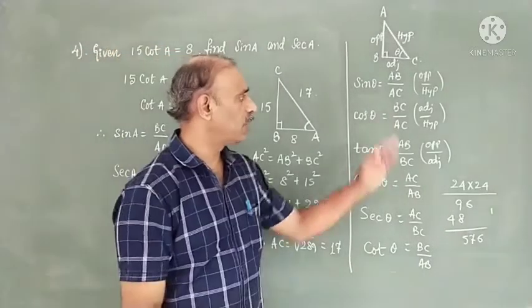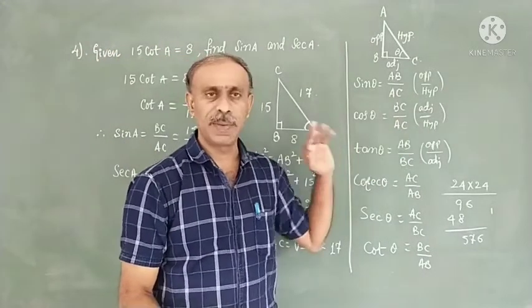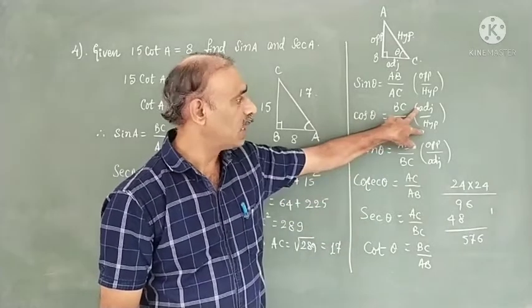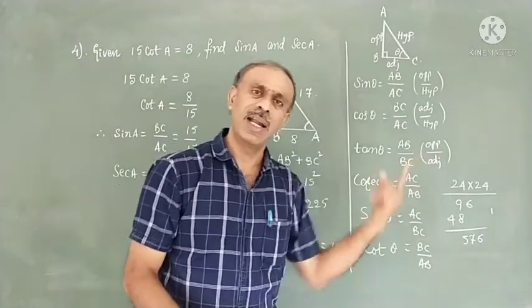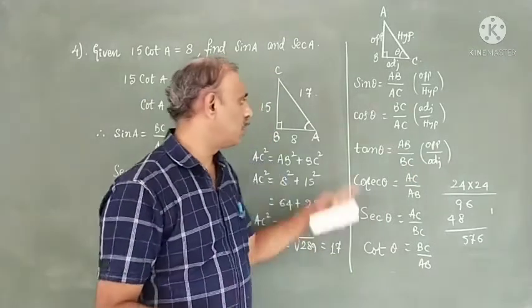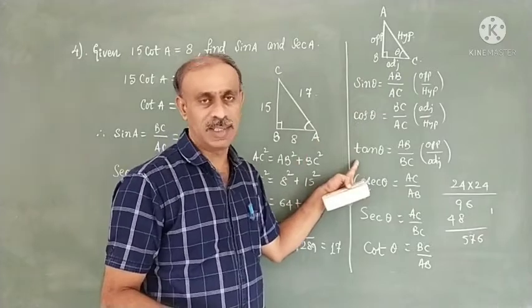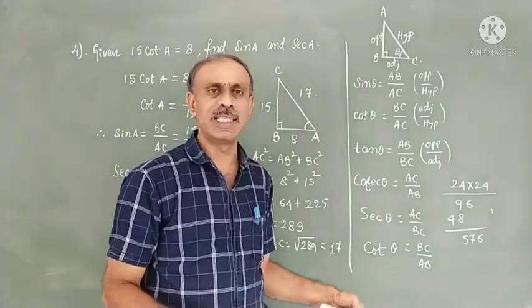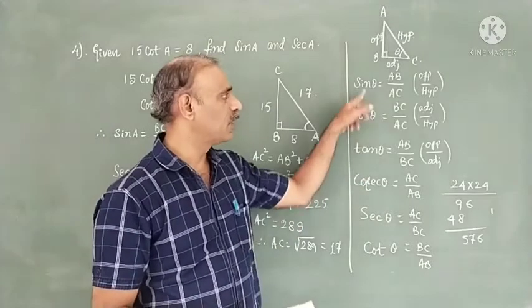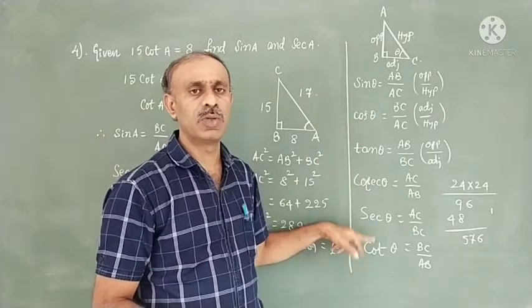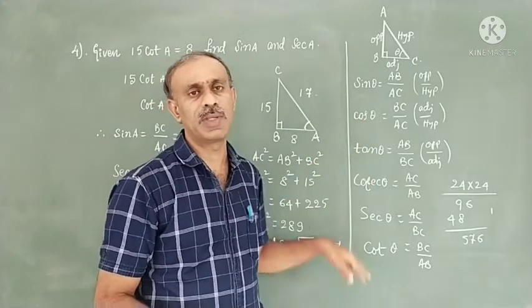Its reverse is secant, which is hypotenuse by adjacent. If you identify the proper ratios of these three, then the reverse is very easy: sine reverse to cosecant, cos reverse to secant, tan reverse to cot.